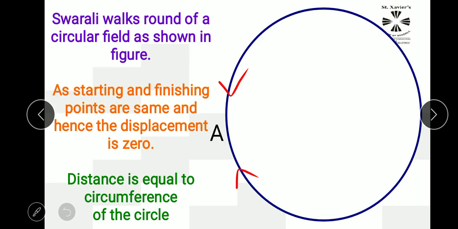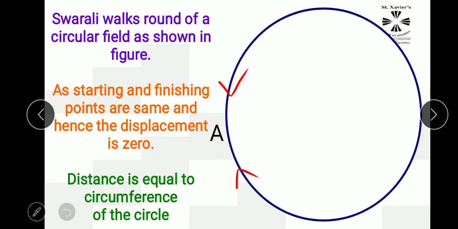Let's move ahead, students. I'll give one example so that you will come to know an important point about displacement. Here, Swarali is walking. She walks around a circular field as shown in the figure. A is the starting point.